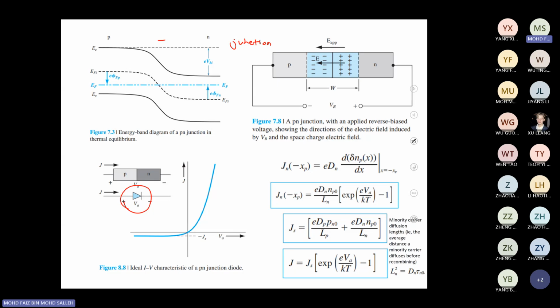So if you supply voltage across the PN junction, you can have forward bias or reverse bias. Forward bias means you apply negative at the N-type and positive at the P-type. Reverse bias, you apply positive at the N-type and negative at the P-type.